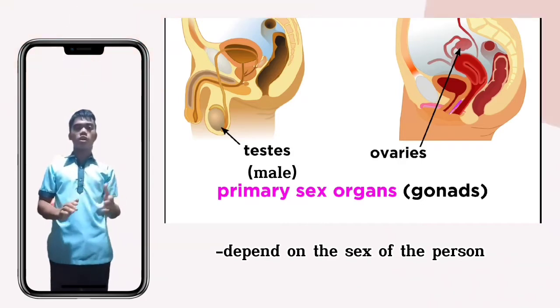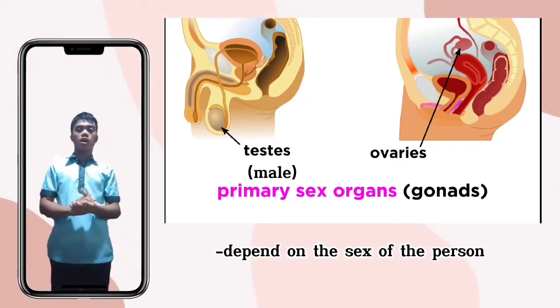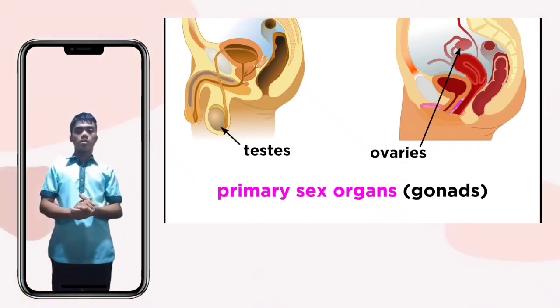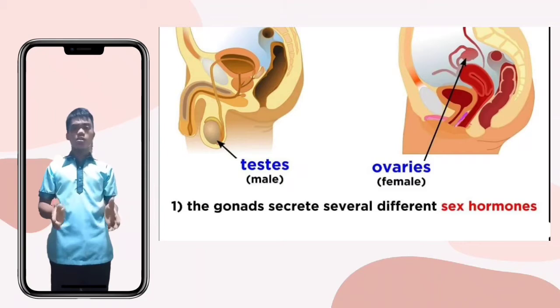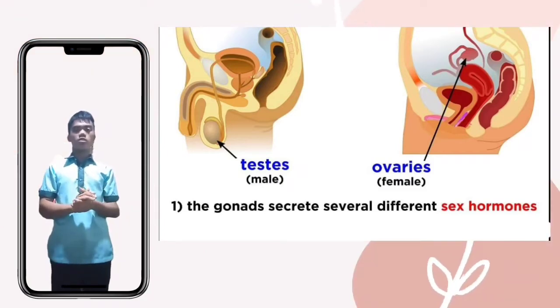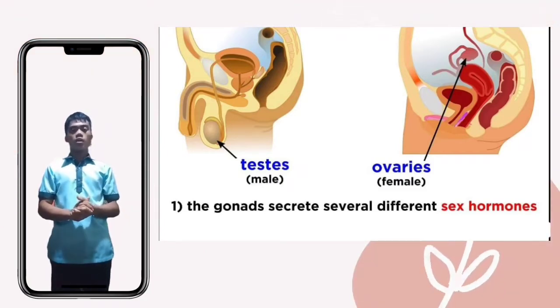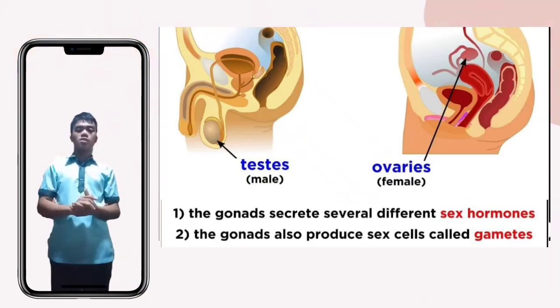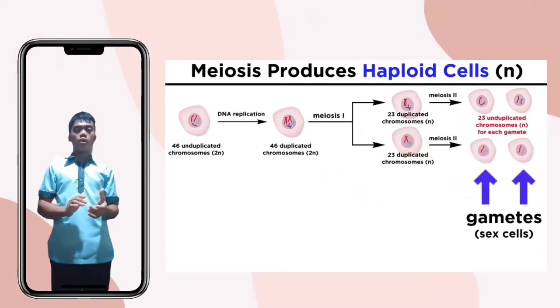The male gonads are called the testes and the female gonads are called the ovaries. The purpose of the gonads is to secrete several different sex hormones and also to produce sex cells, which are called gametes.